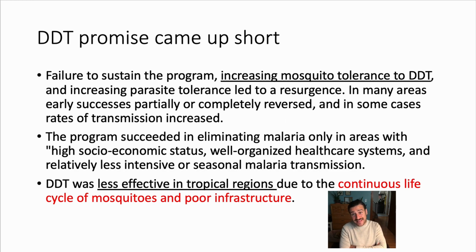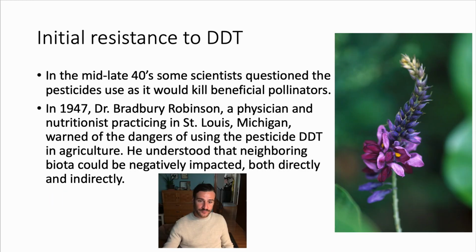DDT was less effective in controlling malaria in places near the tropics, where the life cycle of mosquitoes is year-round. There's no seasonality. They're just continuously breeding and growing and infecting. And it's also many of these places that have very poor infrastructure.